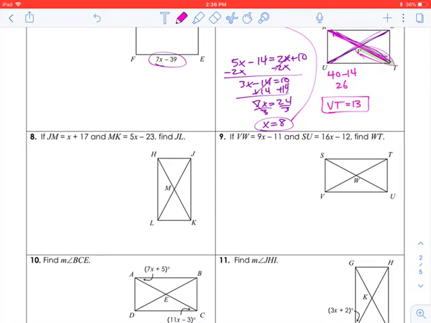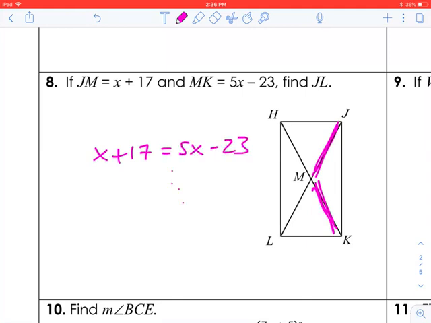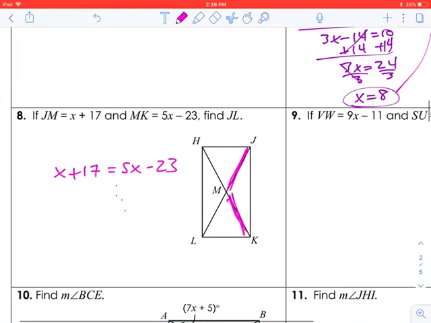Okay? So as you look at these, you got to really pay attention to what we're looking for. So JM is half of that. MK is half of that. Well, if the diagonals are the same and they're both half, again, you can set these two equal to each other and then solve for x, plug it back in, and you'll have to double that.